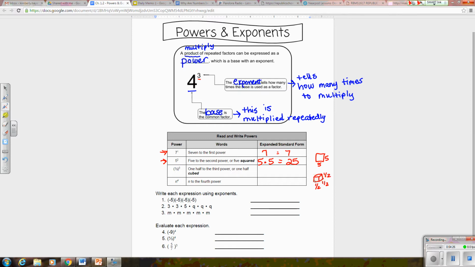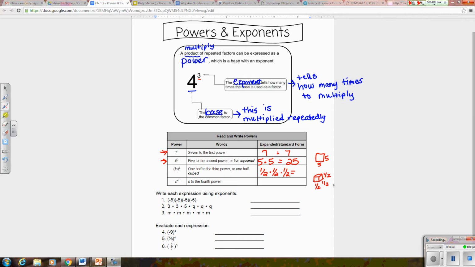So to multiply those together, we would do 1/2 times 1/2 times 1/2. That's the expanded form. And that would also give us the volume of a cube, hence the term 1/2 cubed. It's 3-dimensional shapes. This is like 3 dimensions.